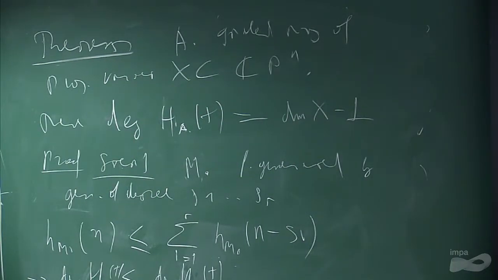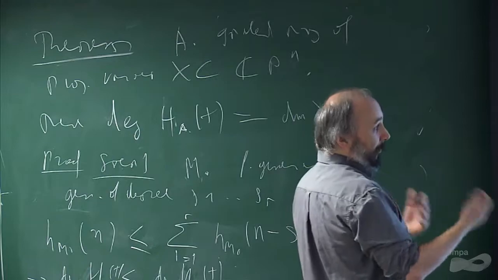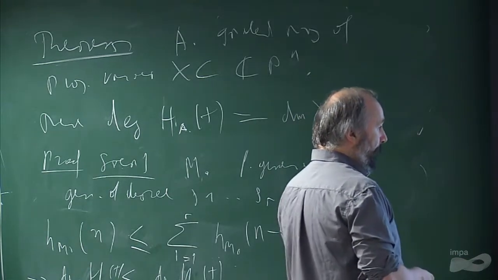The idea is that I would just deduce everything from what I already know about polynomials. I already know the degree of the Hilbert polynomial for polynomials, and we will use it to deduce.